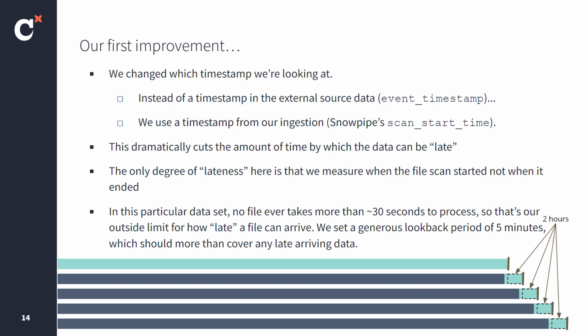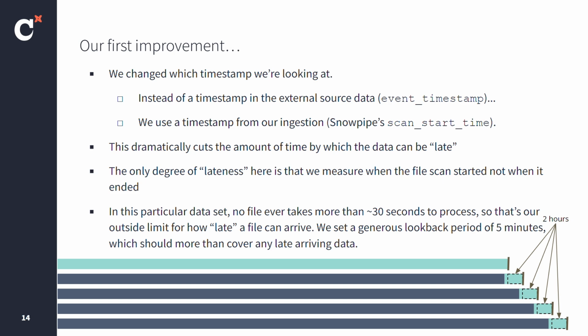They offer this start scan time, which tells you when it started scanning the file. So there is still a little bit of lateness, in that some files can start scanning earlier but actually land in the table later than a file that started later. But we've done some extensive testing on the data in this particular model, and we found that in this particular data set, no file ever takes more than 30 seconds to process.